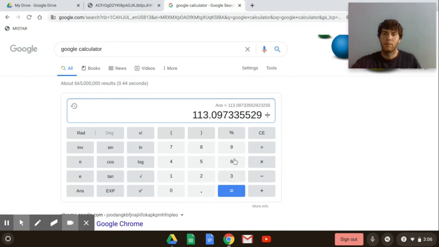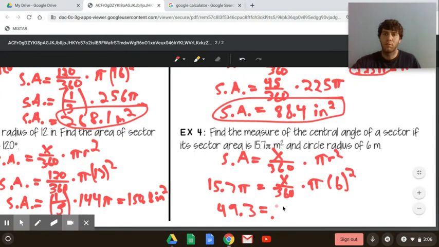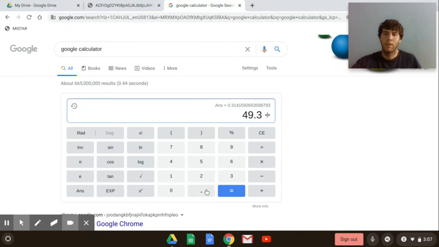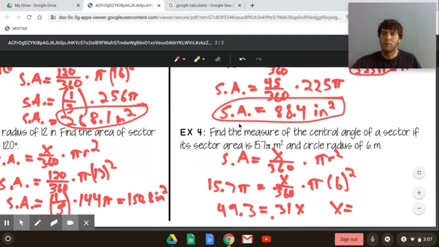And if we divide by 360 here, we're going to get 0.31 times x, so 0.31 times our central angle. So if we divide by 0.31 on both sides, 49.3 divided by 0.31, we're going to get 159.0 degrees. And that's the measure of your central angle.